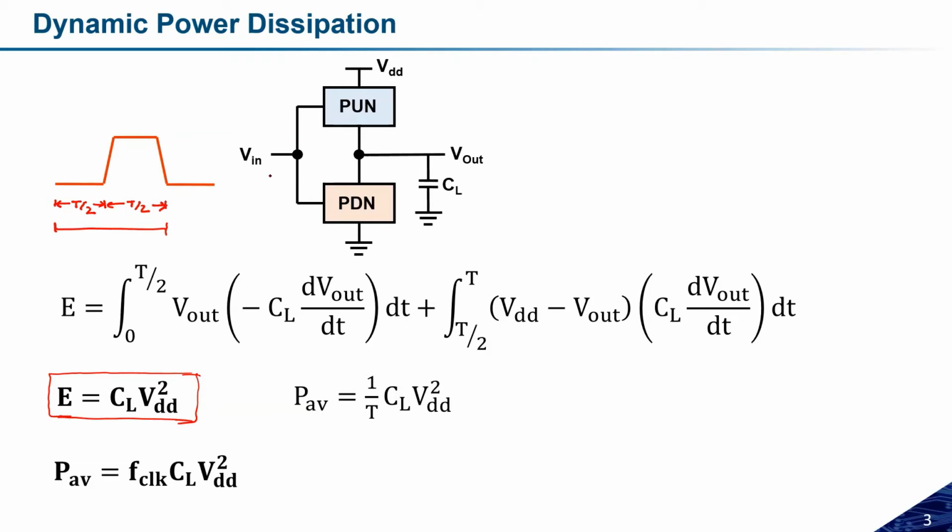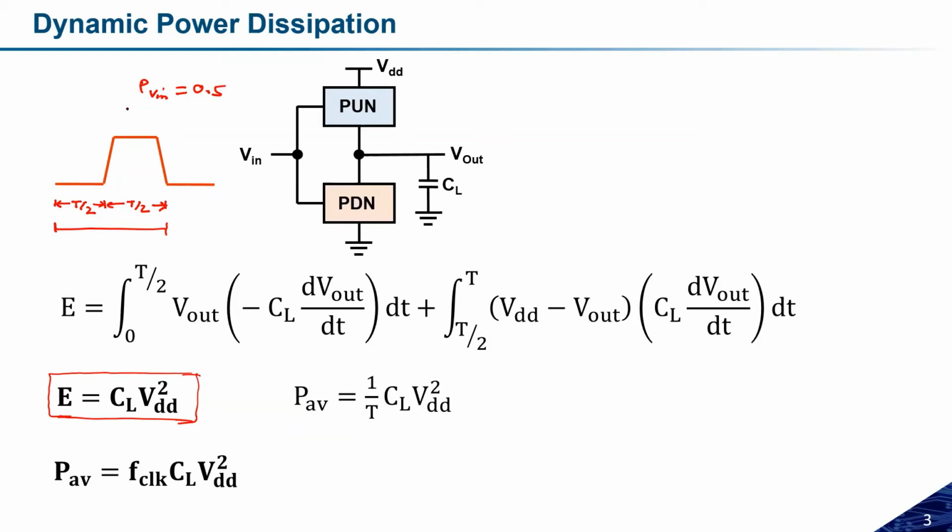We can decide the probability of the occurrence of logic 1. If 0 1 0 1 is coming, then the probability of Vin being logic 1 is, let us assume, 0.5, because if the input is changing periodically, then the probability of logic 1 will be 50%.